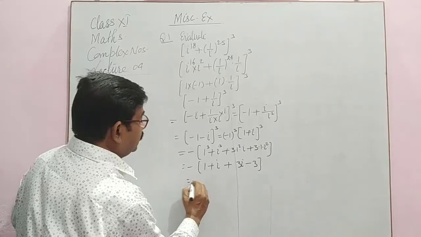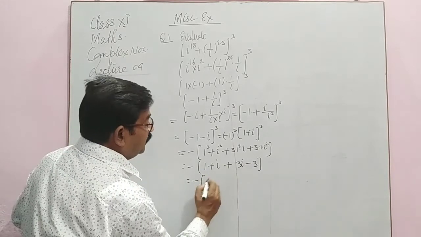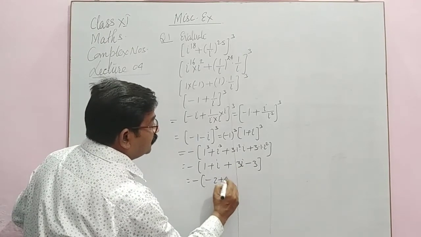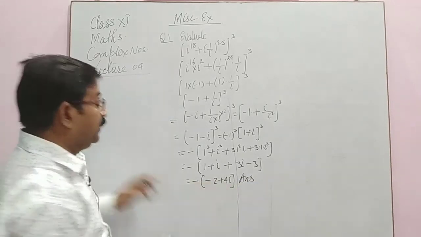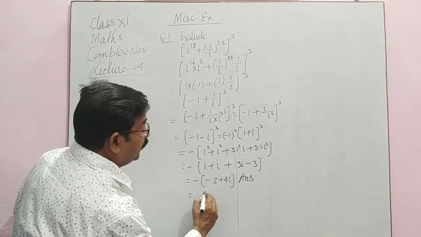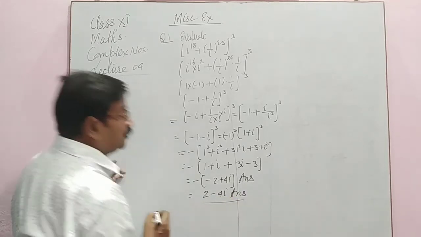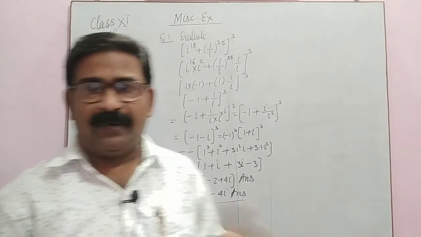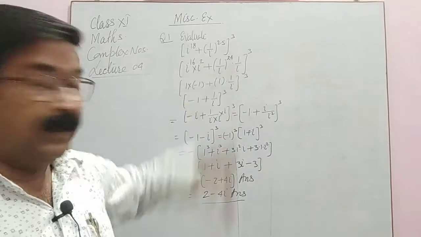Let's see, this is minus 1. 1 minus 3 is minus 2, and this one is 3I plus 1I, plus 4I. So this could be your answer, or you can multiply this inside by minus. So we have 2 minus 4I as the answer of this question. Got it? So this is how you can simplify it, and you know everything, the values and the things.